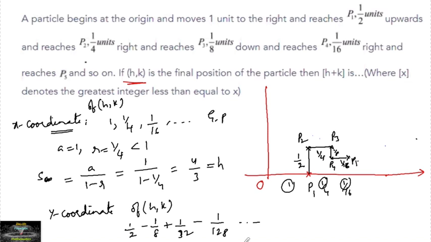This is the sequence you are getting, plus and minus alternately. So this is also a GP, where the first term a is equal to 1/2 and common ratio r is equal to minus 1/4.